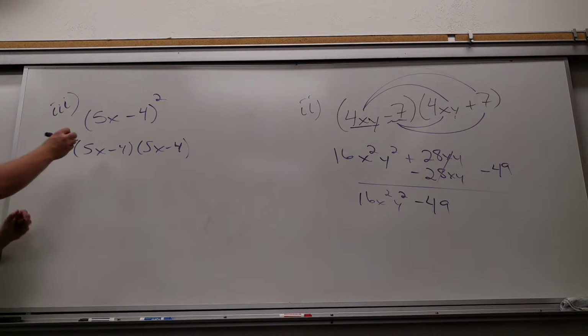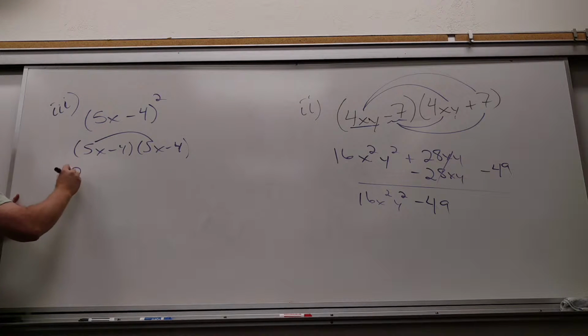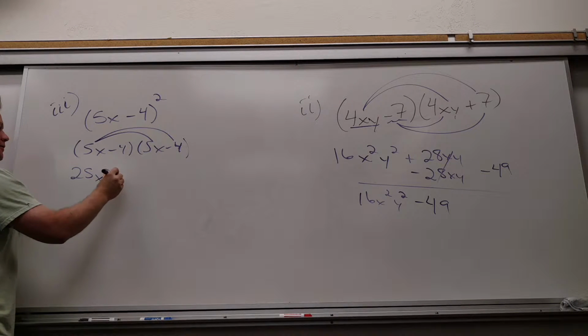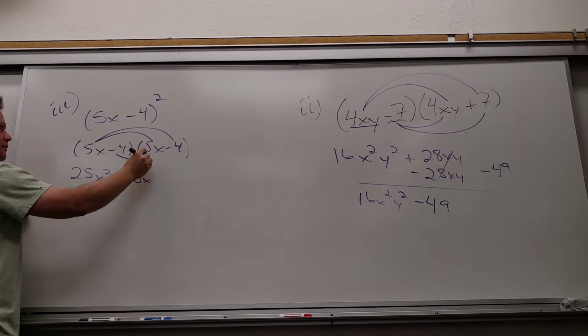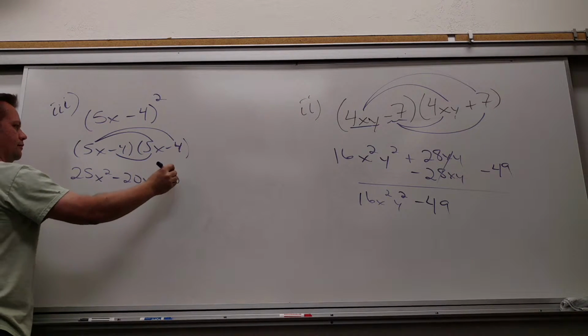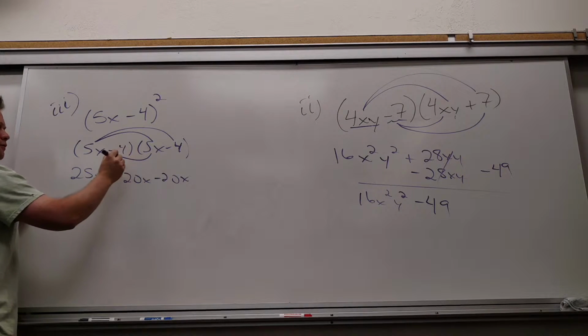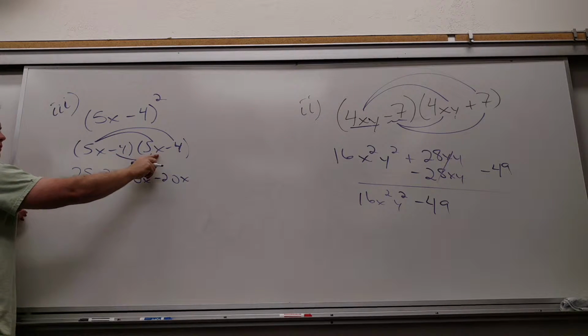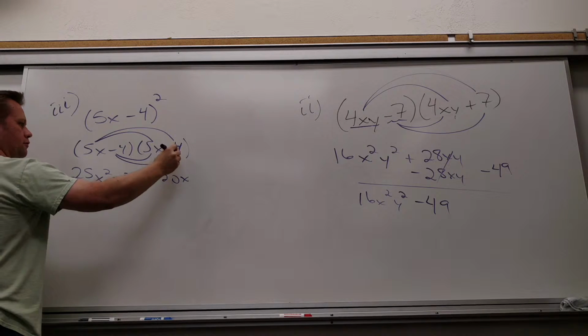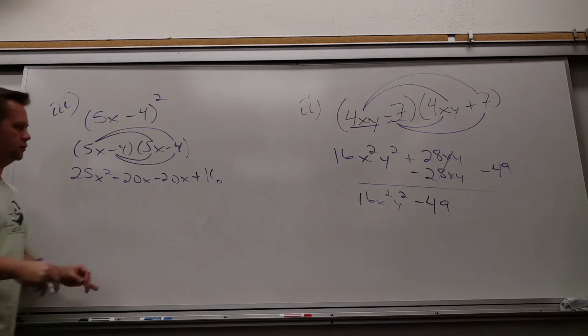All right, so what do we got here? 25x squared minus 20x, minus 20x, plus 16. Good.